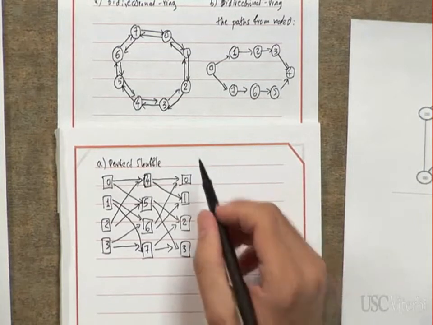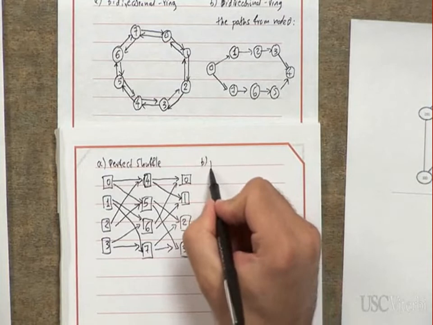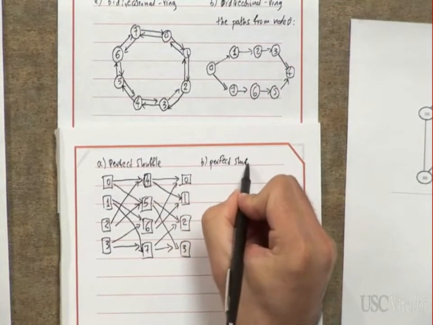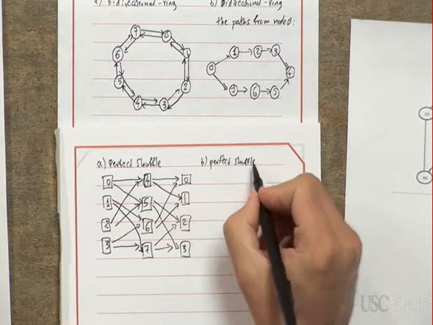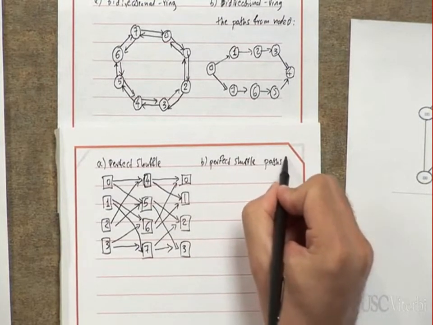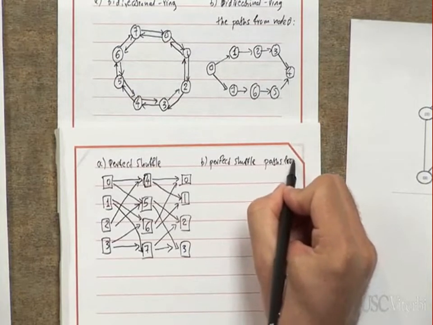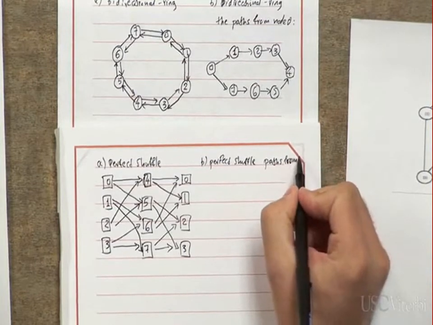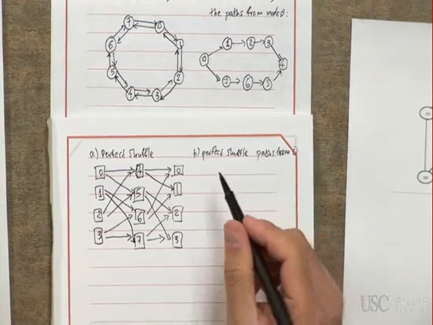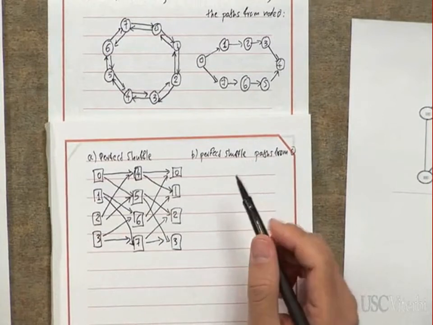Now, the paths, perfect shuffle, paths from 0. Okay? Let's draw the paths from 0 to all the possible destinations.